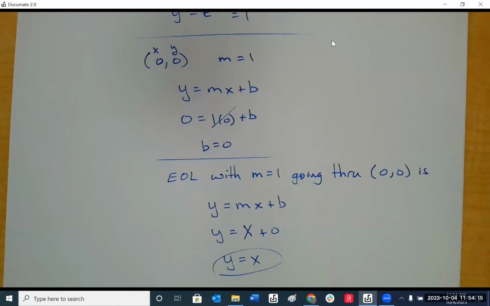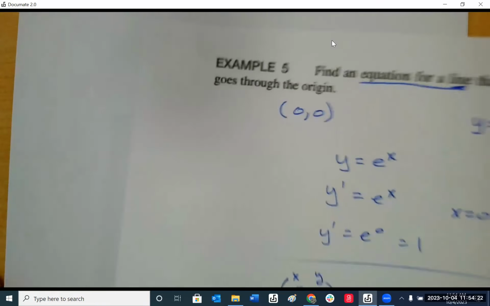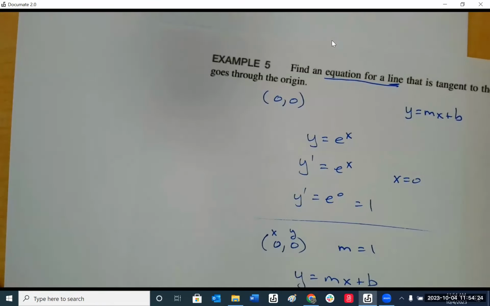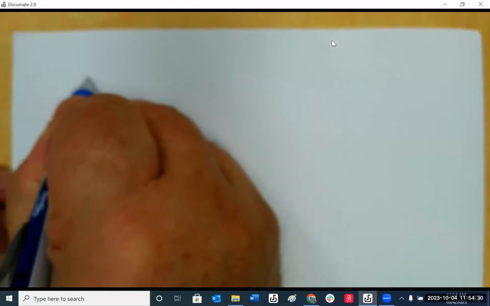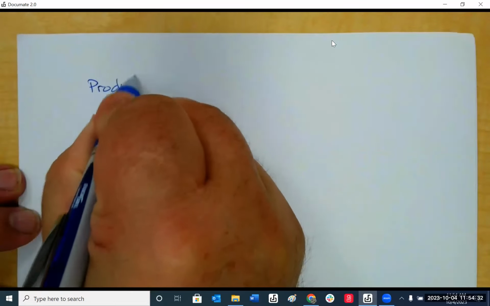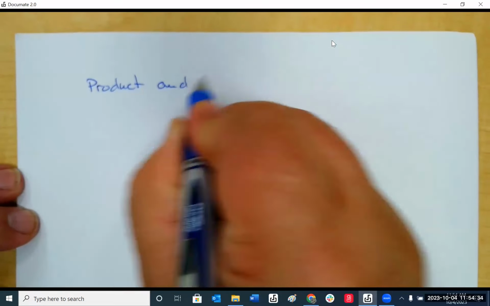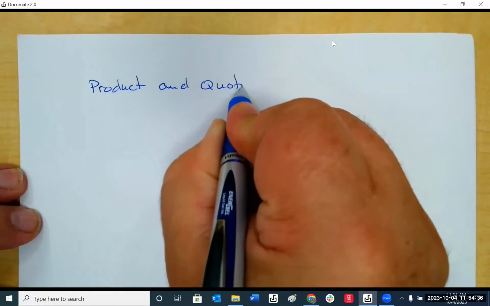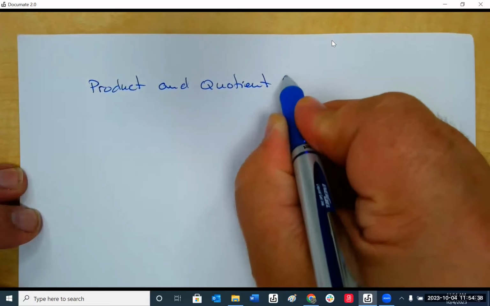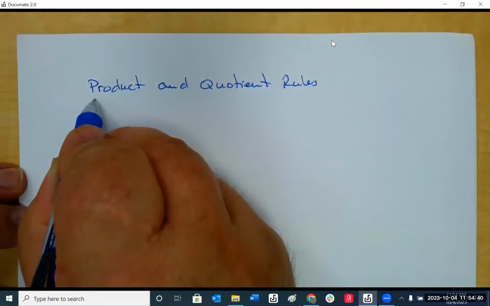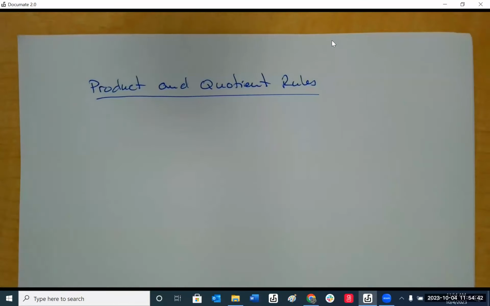So far, so good. Now we've got to throw the wrench in there to learn how to do something mathematical. So far, these have been pretty easy rules. Let's look at the product and quotient rules of derivatives.